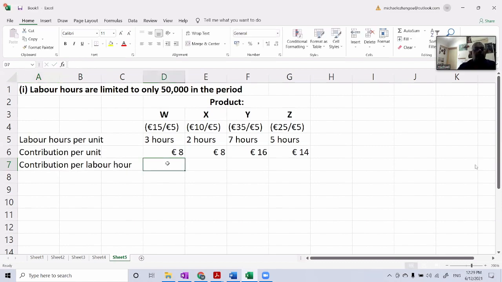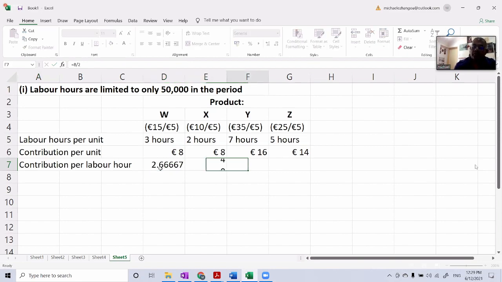So here we take 8/3. We take 8/2. We take 16/7.